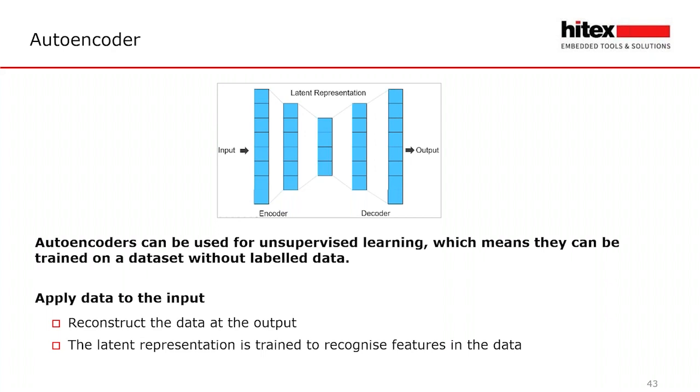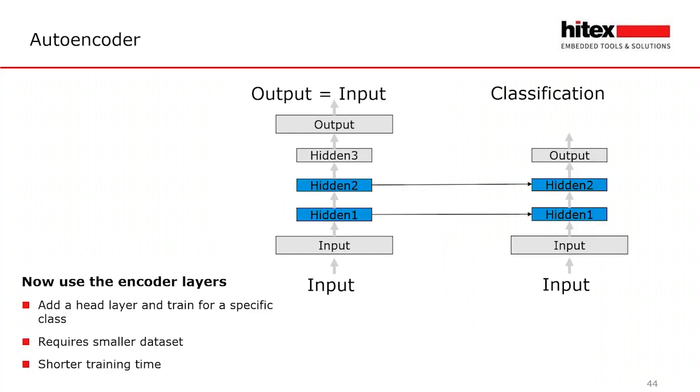This means that we can use unlabeled data because the input is the output, and we train it on the basic features that are going to be in our data, and this is called the latent representation. We can then take those encoded layers and put on our custom output layer, and as in transfer learning, we can then train that output for our particular task.